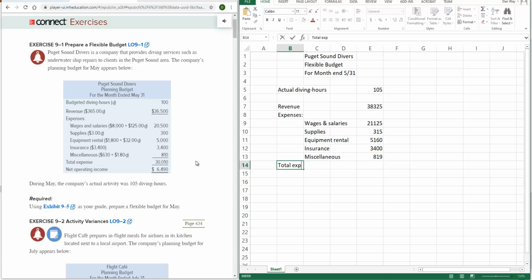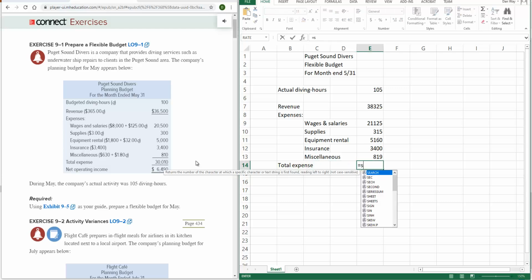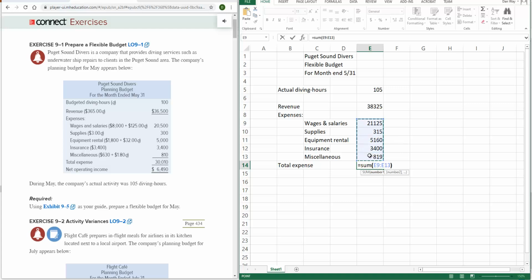We'll follow suit and get our total expenses summed up just as they did in the box there, and that's just the sum of these 5 expenses here. And then our net operating income, just our budgeted revenue.